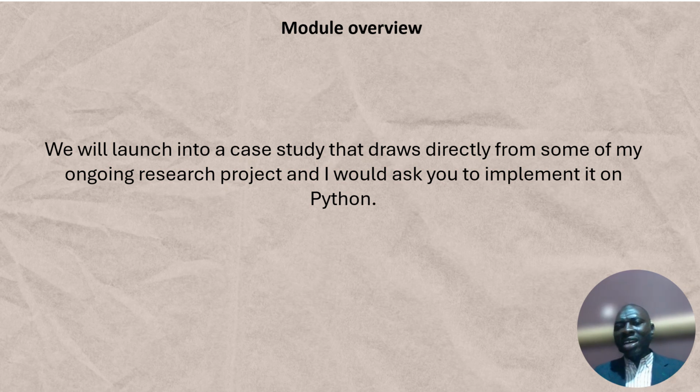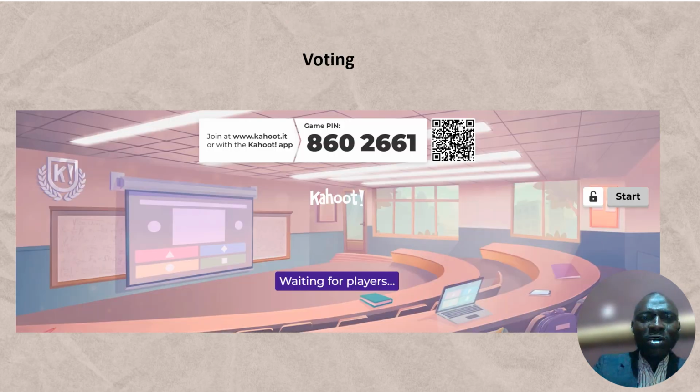After that, you are going to vote. We dive into a case study based on the chosen topic, based on your vote. And you are going to get a chance to apply what you learn by modeling a scenario using Python in groups. Are you ready?